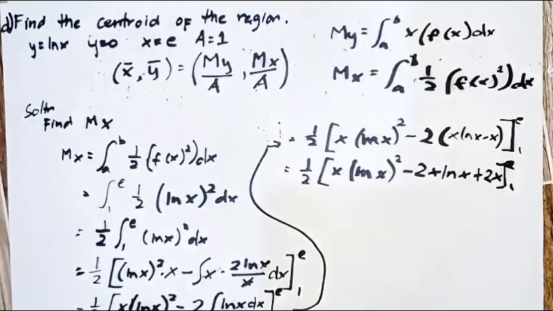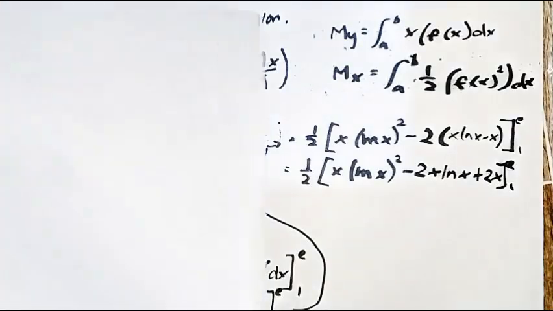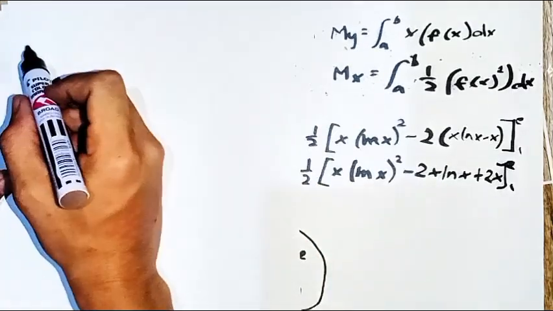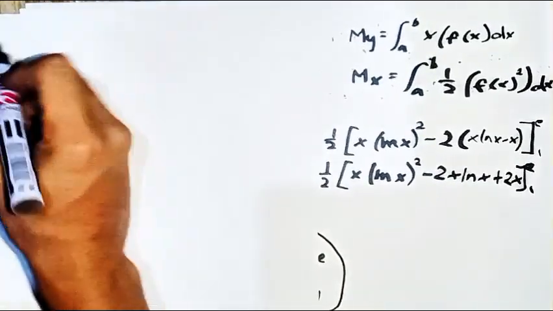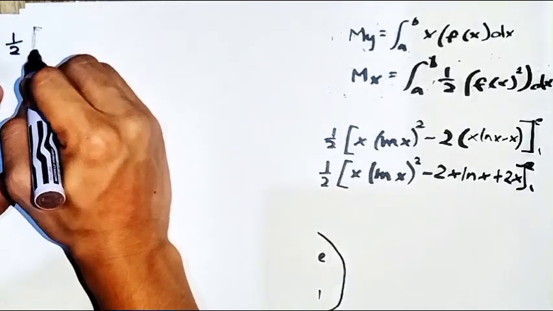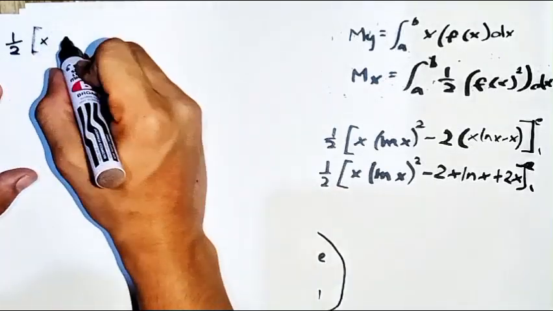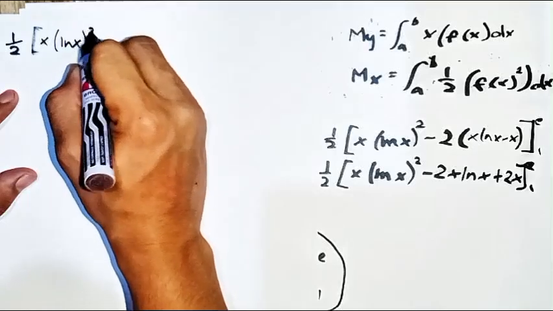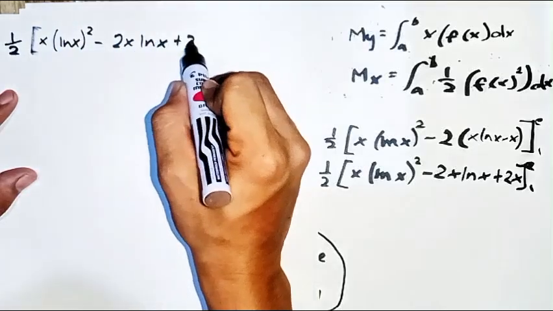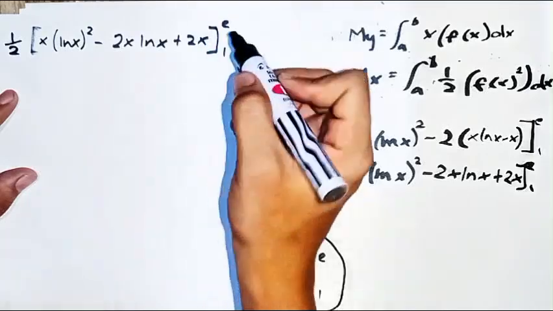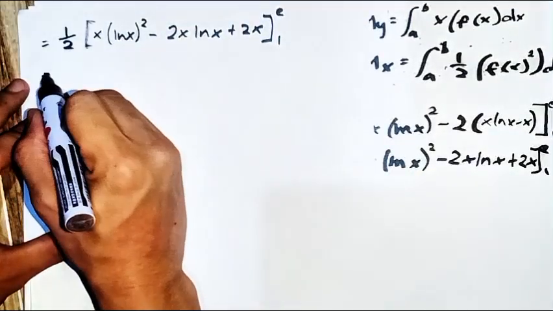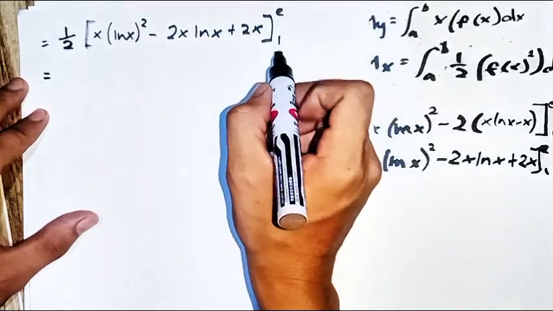Next, let's use another paper. Let's copy this one. So we have 1/2 times x (ln x)^2 minus 2x ln x plus 2x, from 1 to e. Now let's substitute our upper limit into x minus our lower limit, which is 1.